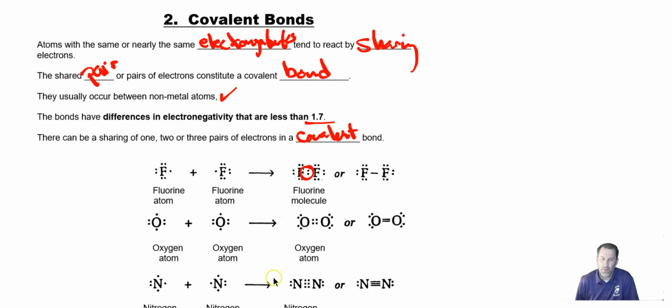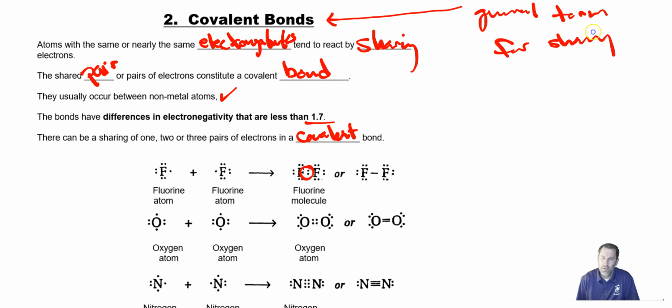Nitrogen 3 pairs or 3 lines. So the word covalent means together. Co, together, valent, valence electrons. This is a matching term on your exam. Covalent is the general term for sharing electrons. I know my handwriting's terrible, but hopefully this year you've been prepared well for that.